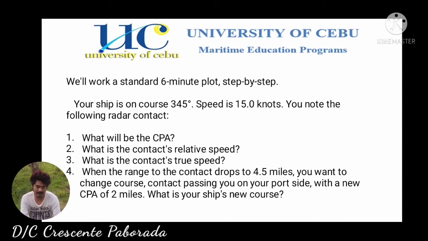Third, what is the contact's true speed? And lastly, when the range to the contact drops to 4.5 miles, you want to change course, with the contact passing you on the port side with a new CPA of 2 miles. Then what is your ship's new course?